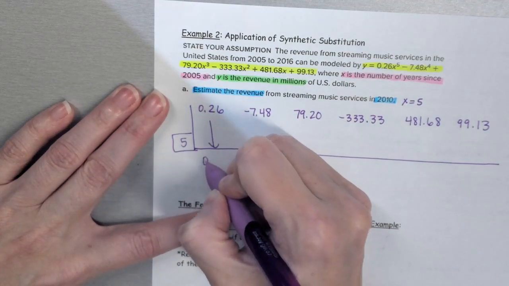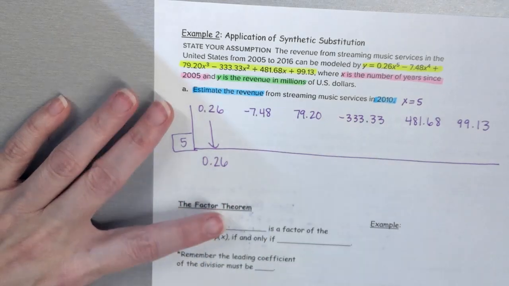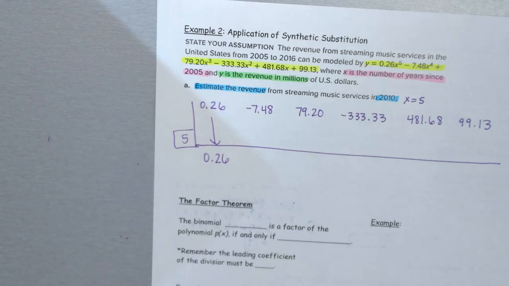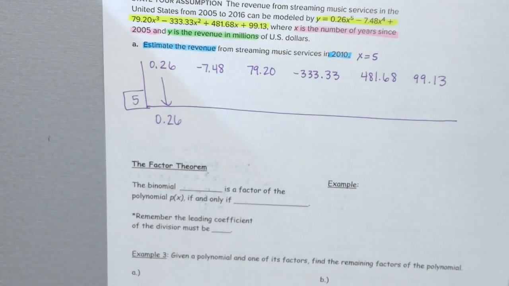Okay, and we always drop that first one down. Like I said, we're going to use our calculator to do this, so I'm going to give you a moment to do your calculations, and then we will write our final answer together. Okay, so multiply across, add straight down.